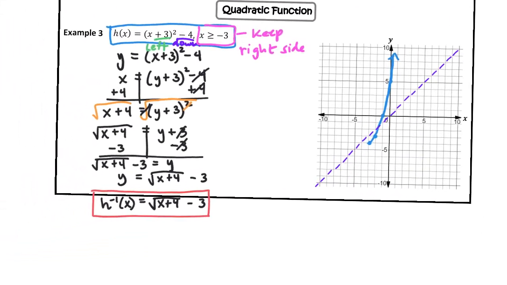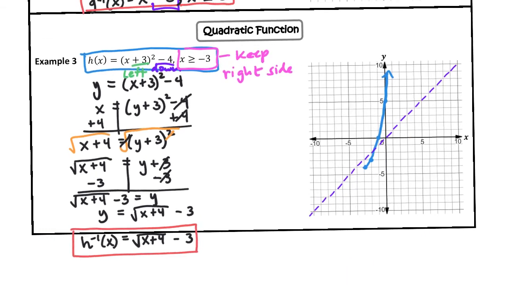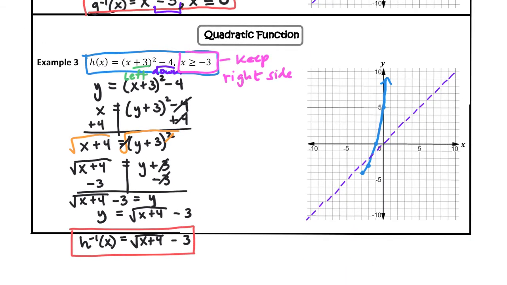Right, and then let's look at the inverse. So the inverse is telling us to go to the left 4 and down 3. And so we have to figure out, are we going to have to put the positive or negative part down?